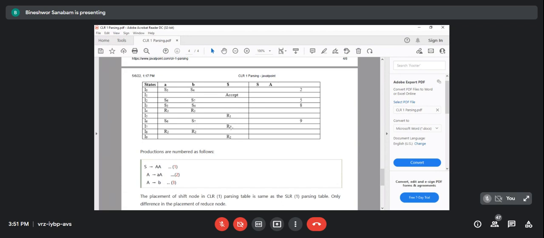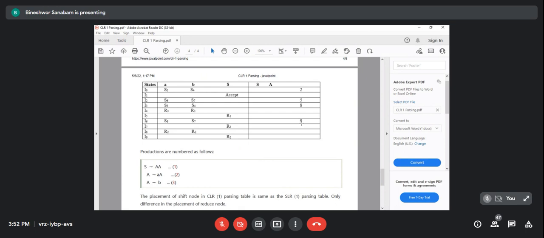Then 3 also 36. R2 also 2; there is no match with 2, so it will remain as is. Then here 8 should be replaced with 89, and here 9 will also be replaced with 89. Everyone done?